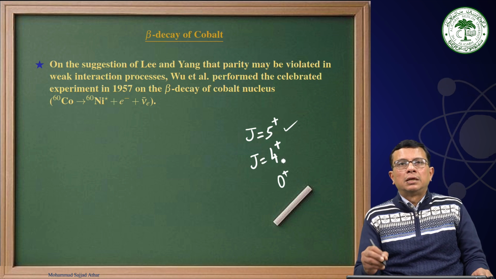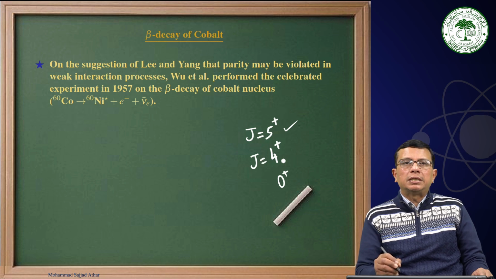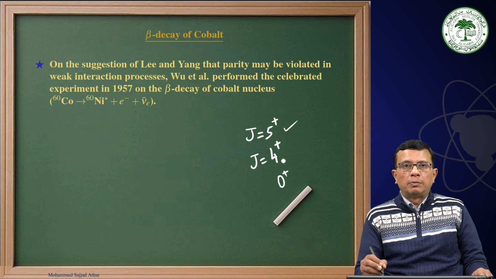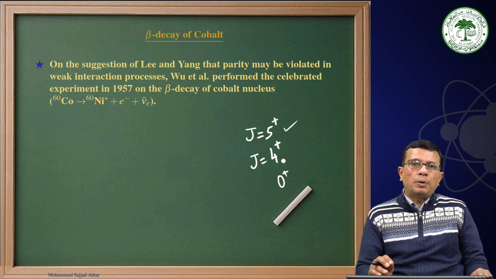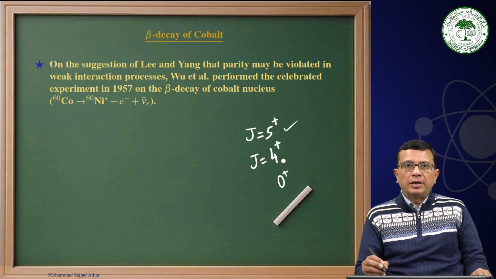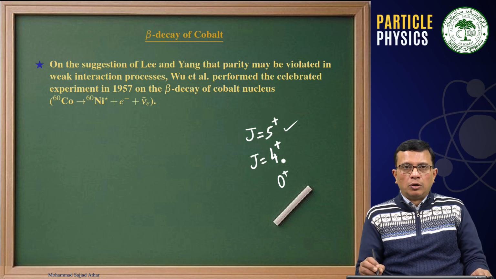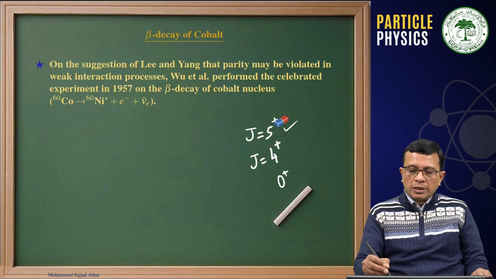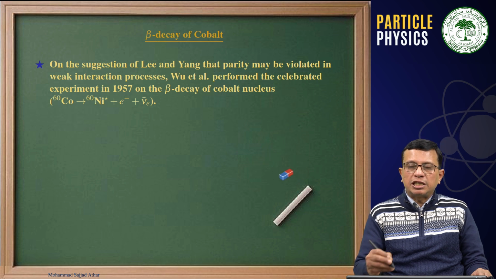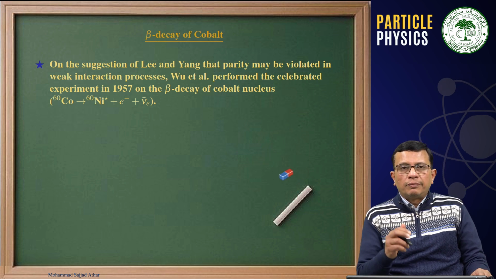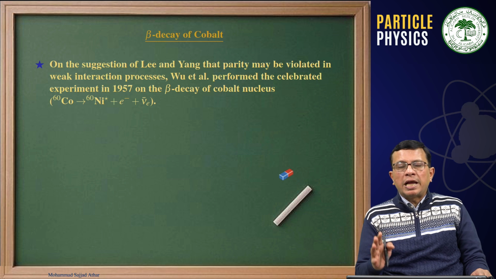And we know that the angular momentum should be conserved. Therefore, the angular momentum of the initial state must be equal to the angular momentum of the final state. Therefore, what they did, they placed this cobalt nucleus in a magnetic field and cooled it to avoid any thermal vibration, such that the spin of the nucleus aligns in the same direction.